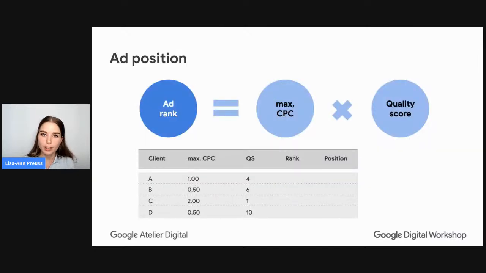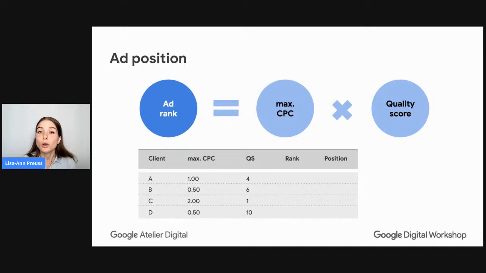How does that work? Well, what we know is the ad position correlates with the ad rank. And we can calculate the ad rank. In fact, it's equal to the max CPC bid that an advertiser is willing to pay for 1 click on his ad, multiplied with the quality score.